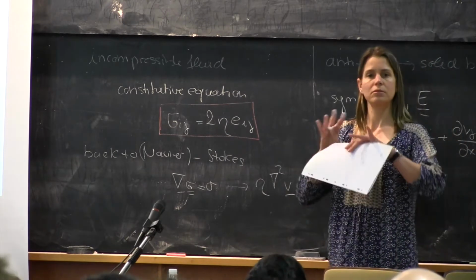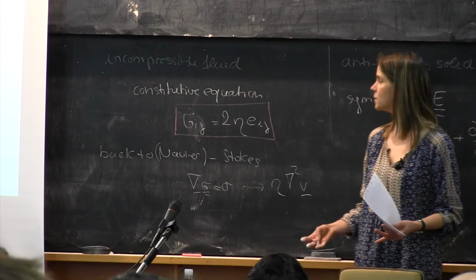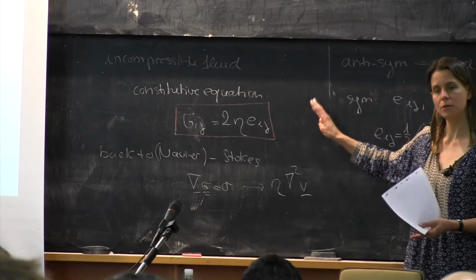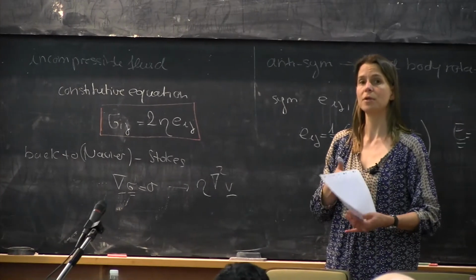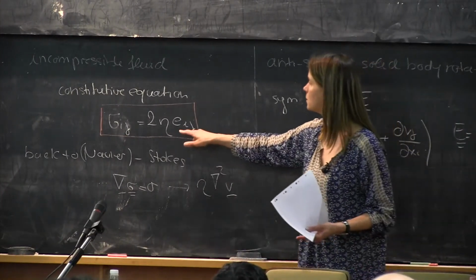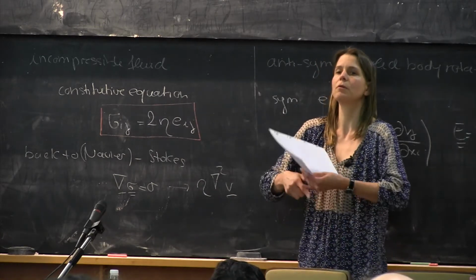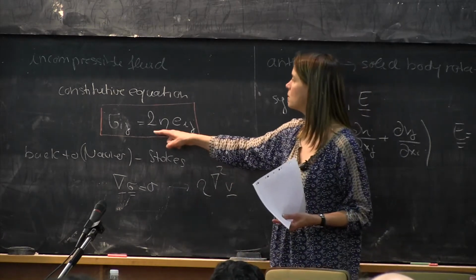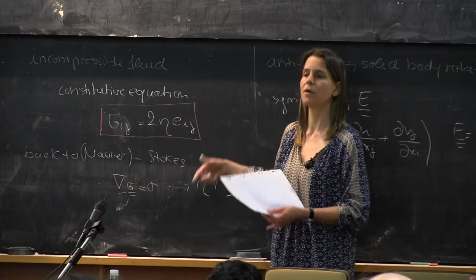Okay, so with this, we have set the basis for the explanation of what a Newtonian fluid is. A Newtonian fluid is something that verifies this constitutive equation. A Newtonian fluid only has one parameter to describe its flow. It's the viscosity, and this viscosity is a constant. So for a Newtonian fluid, we know everything. As soon as you know the stress tensor, you know the shear. If you know the shear, you know the stress tensor. We have the Stokes equation.